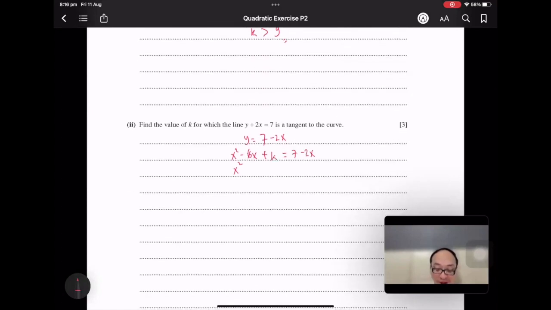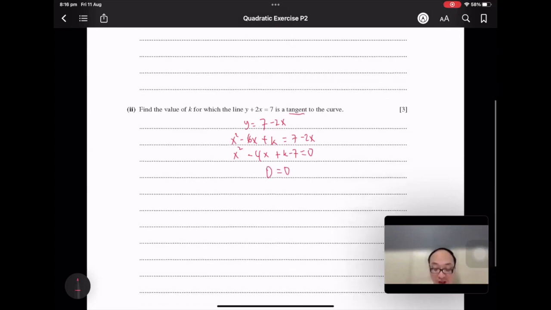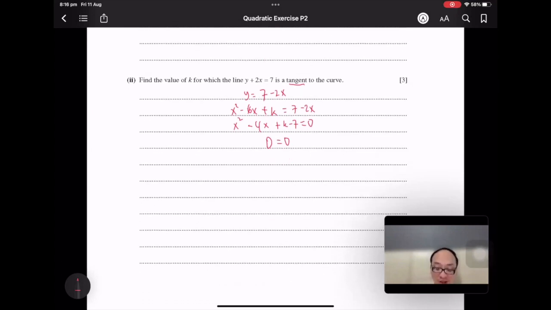And then simplify: x squared minus 4x plus k minus 7 equals 0. And tangent means discriminant equals 0. So b squared, b is negative 4, minus 4ac, a is 1, and c is k minus 7.